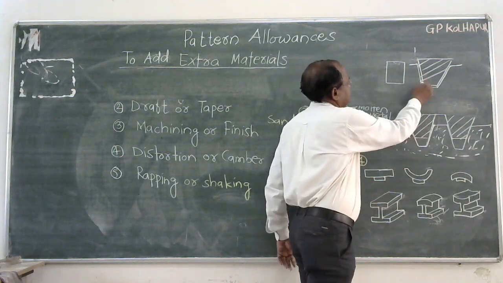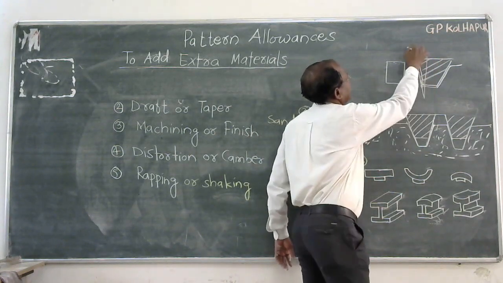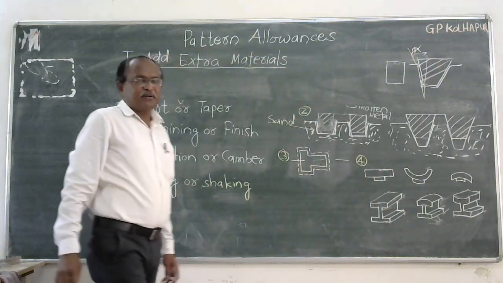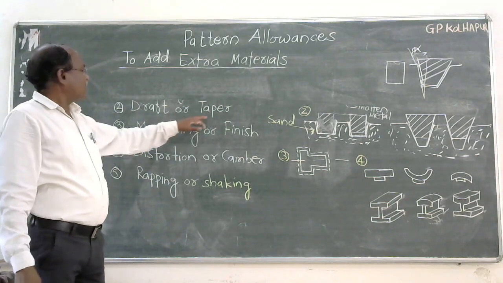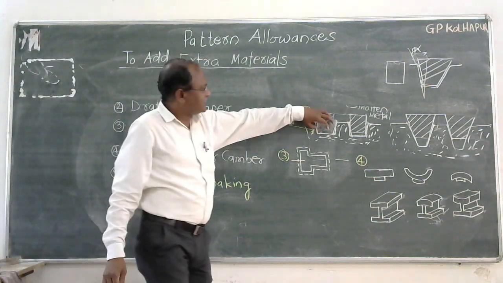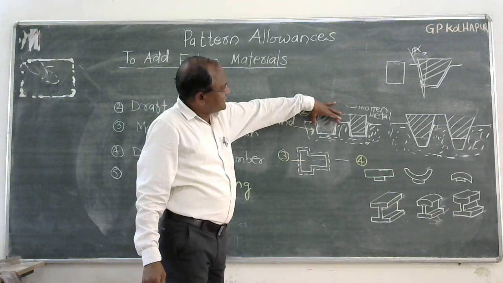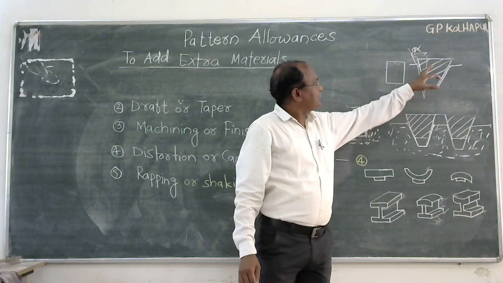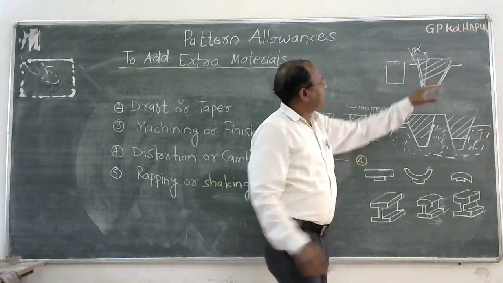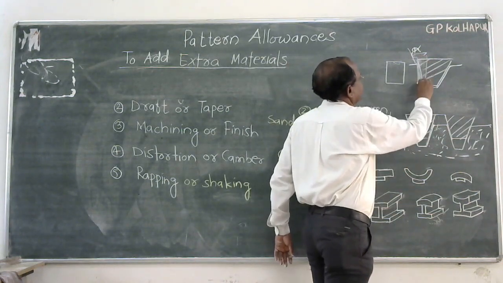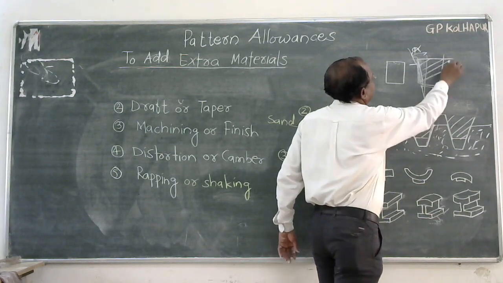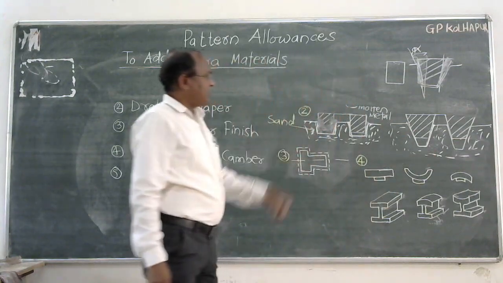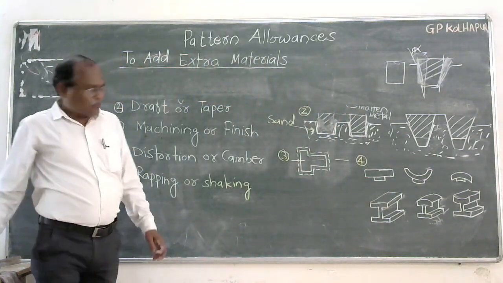To take care of the draft or taper, because by withdrawing the pattern the mold cavity changes its shape and becomes conical, some extra material is added. So this much extra material is added on the pattern so that it will take care of withdrawing the pattern from the molding sand.